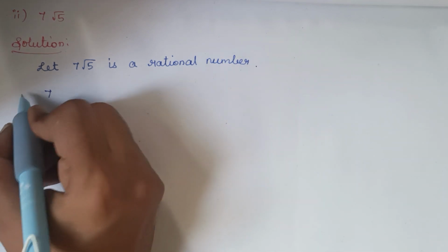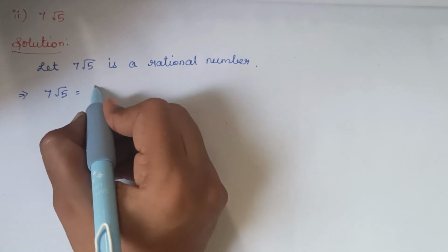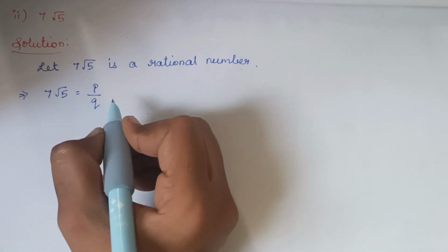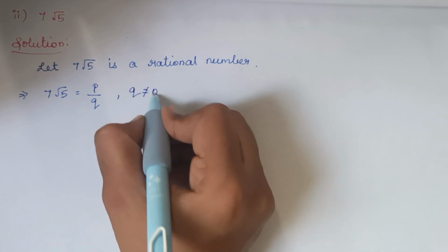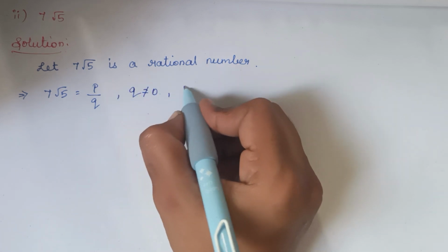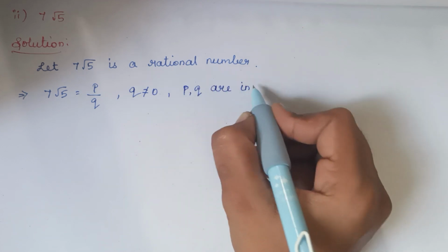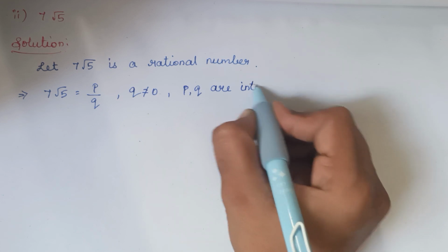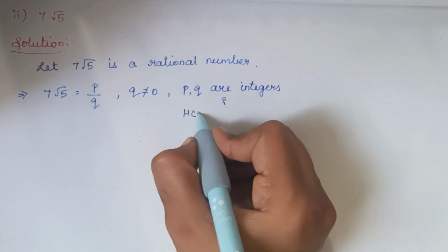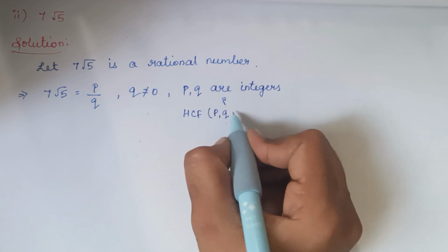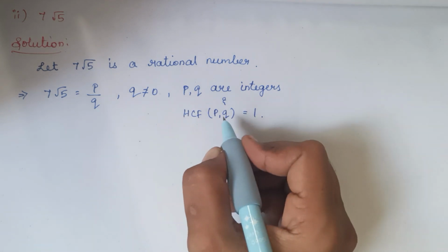So you know the rules for a rational number: 7 root 5 is equal to P by Q, where Q is not equal to 0, P and Q are integers, and the HCF of P and Q is equal to 1. So these are the rules for rational numbers.